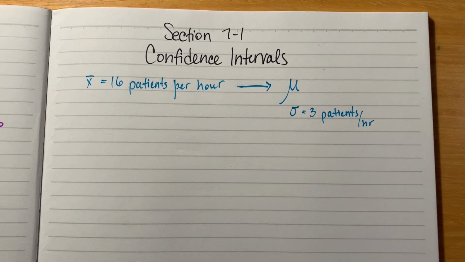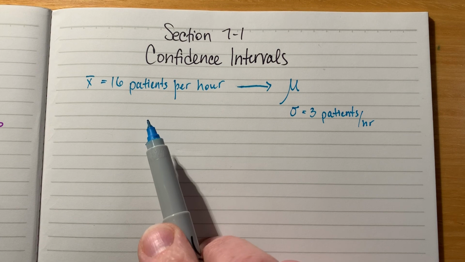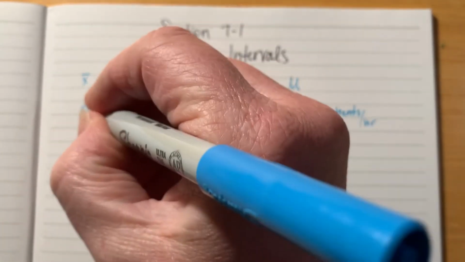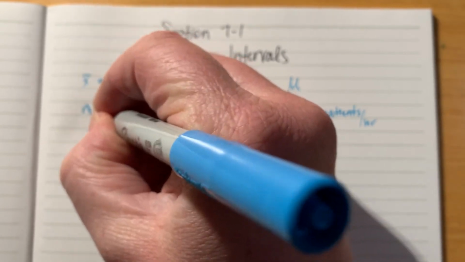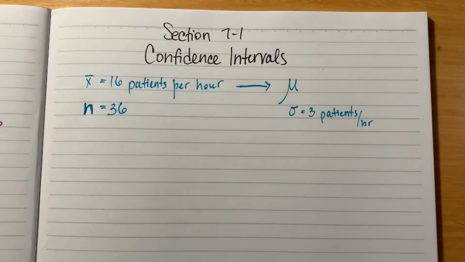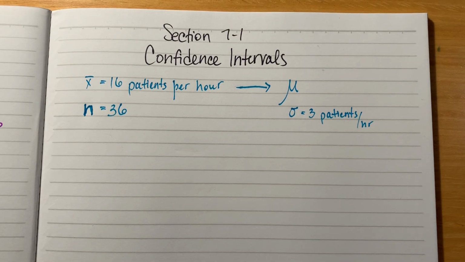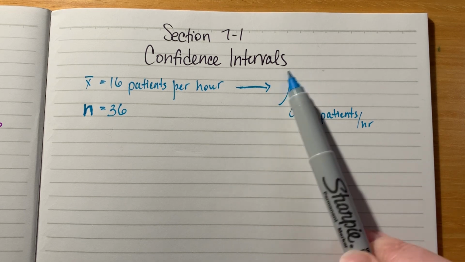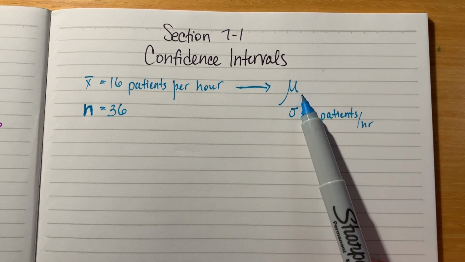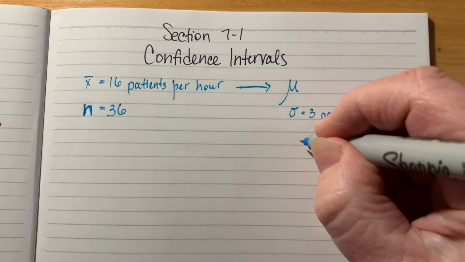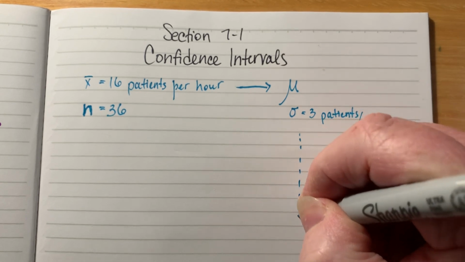And this sample over here was taken from, let's say that we had 36 of these hours that we took. And based on this data, we are going to be able to estimate some kind of an interval for our mu, okay? And since I do not know my mu, I'm just going to put it somewhere here.